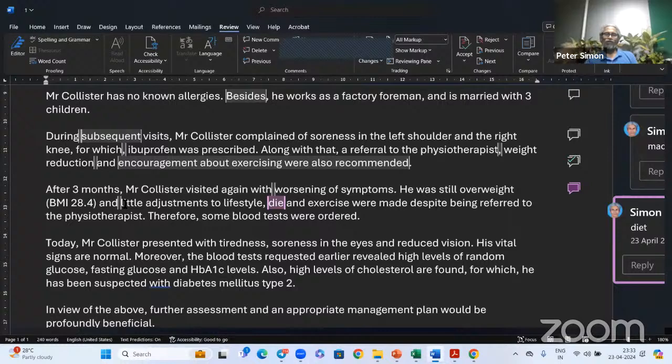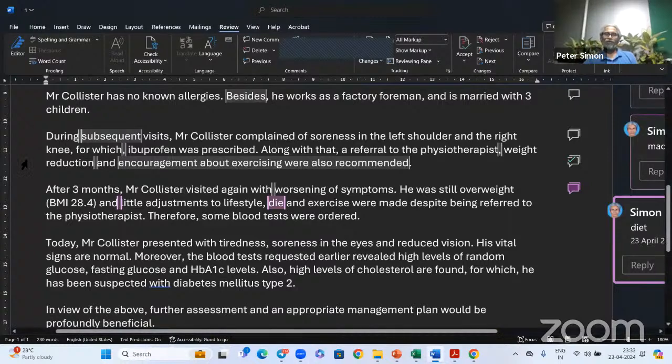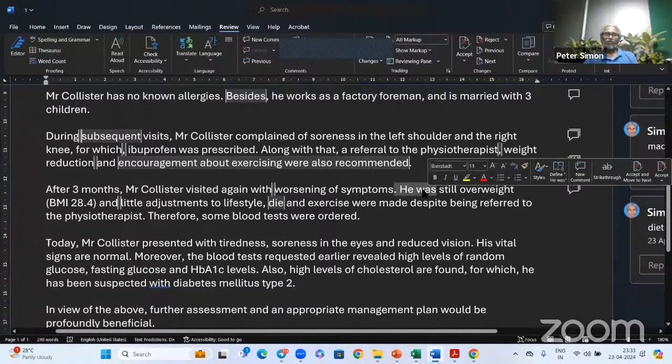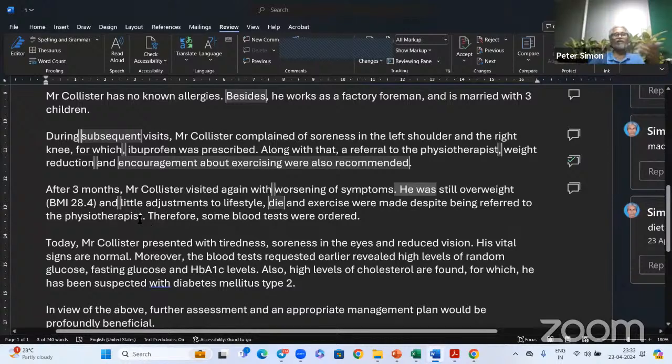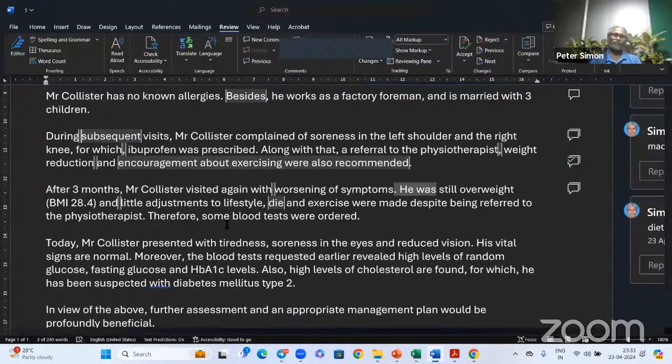Okay. So otherwise, say he was common. He was is common. If you take he was and continue reading, he was little adjustments to lifestyle. No, he made little adjustments to lifestyle, dietary regimen. So it is little adjustments.